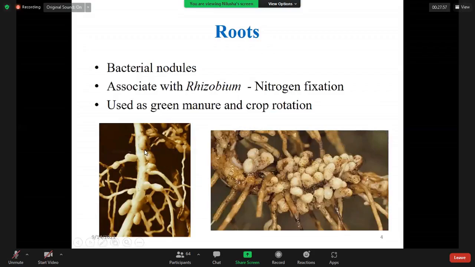This gas can be fixed by this rhizobium bacteria, which lives inside the root nodules, so this plant can increase the soil fertility. So we can use this plant as green manure and in crop rotation, because it will increase the soil fertility.